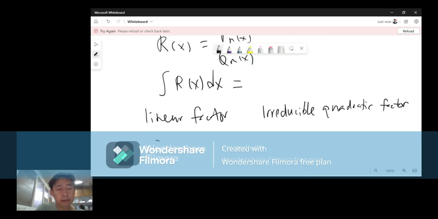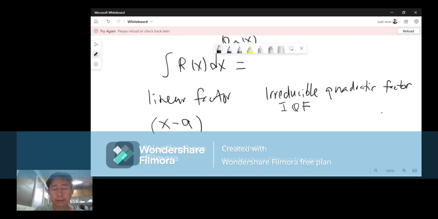A linear factor is simply in the form of a variable x minus a constant term a, whereas an irreducible quadratic factor, IQF as a short form, has the form of a quadratic function, which is like ax squared plus bx plus c, where the discriminant d, which is defined as b squared minus 4ac, is less than 0.